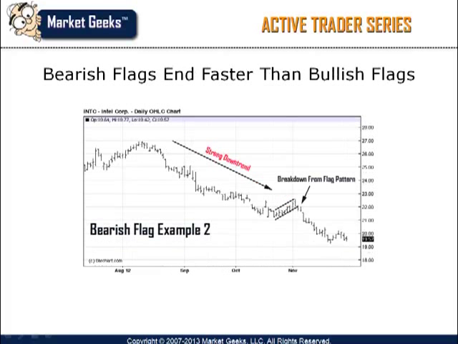The bearish flag formation tends to form a bit faster than the bullish flag pattern. Most chart patterns react this way, so this is not a big surprise. You should see a good breakdown following the completion of the flag pattern in both cases. Gaps towards the downside and an increase in volume are not unusual occurrences with this chart pattern.